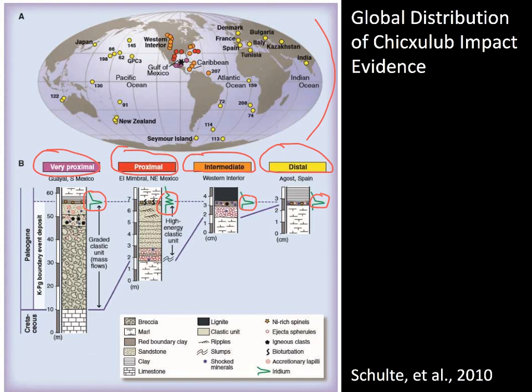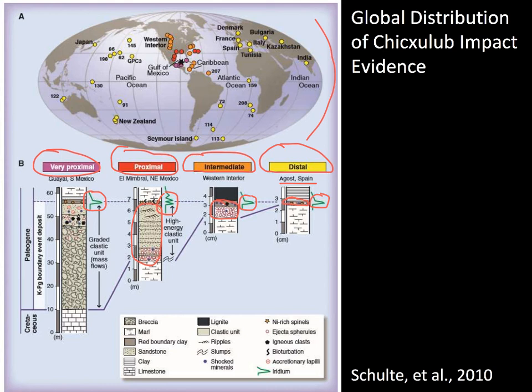So you can see the depth here of ejecta and shocked minerals is pretty shallow, way over in Spain. When we get to the western interior, a little bit closer, like North America and the Caribbean, you can see that the depth of the ejectospherules and shocked minerals is a little deeper. Much closer in Mexico, now it's a lot of high energy and tsunami deposits.